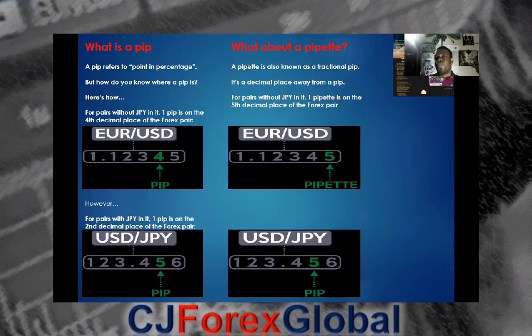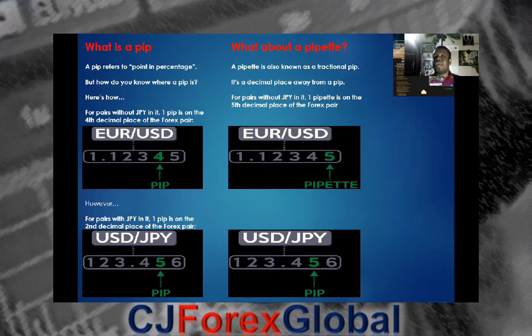Another name for pipette is point. On currencies like Euro USD, GU, and others, the number that makes up the pipette is the fifth number after the decimal point, which is this one. You can see clearly here. On UJ, it is the third number after the decimal point. I hope I have nailed it here.